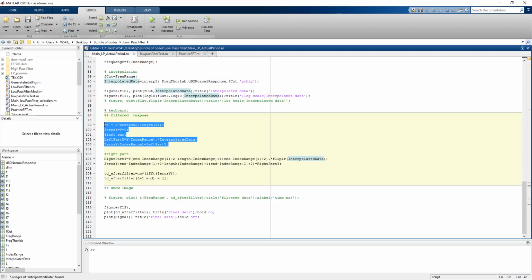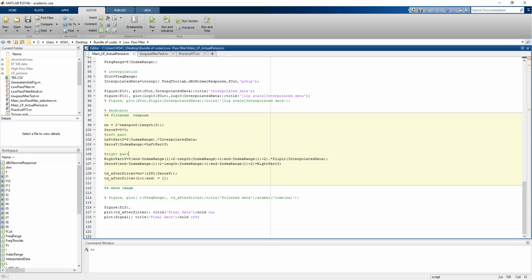So this is the left part, and in the right part we have to do the same thing. As I mentioned in part 1, in the frequency domain the last part of the signal is the imaginary part. So it starts oppositely. The last point is actually the first point of the imaginary data. So I have to flip the interpolated data and multiply it over exactly the same index range.